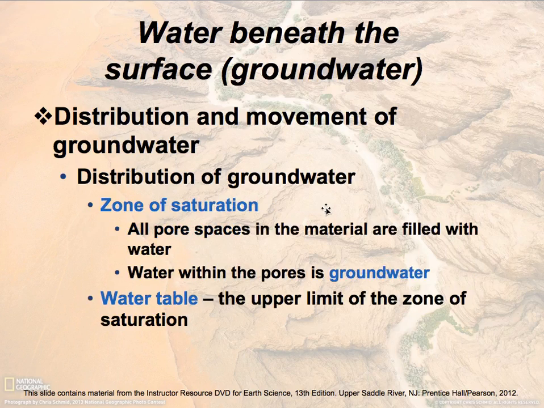And then there's the zone of saturation, where all pore spaces in the material are filled with water. And water within this zone, or between those pores, is considered groundwater. The water table is the interface between groundwater, or the zone of saturation, and the zone of aeration, or the interface between the saturated zone and the unsaturated zone.